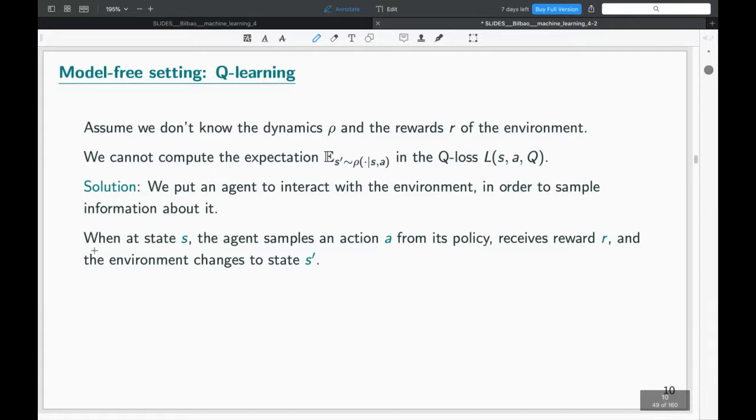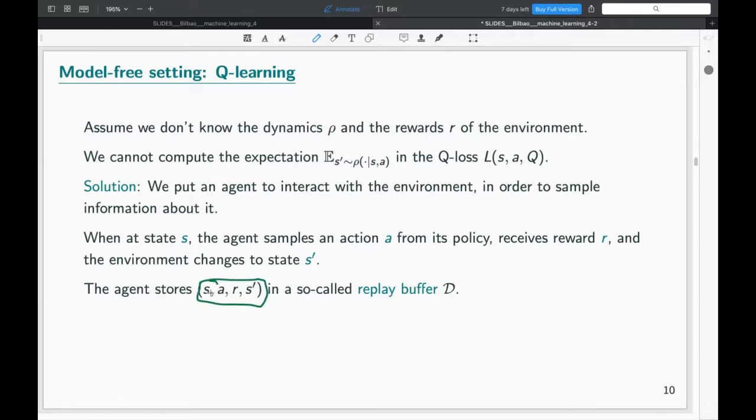Okay, so the idea is that when at state S, the agent samples an action A from some policy it's following. It receives a reward R, and then the environment changes to state S prime according to rho. The agent stores this tuple in a so-called replay buffer D. So the replay buffer is just a data set where you store these tuples: the state you were in, the action you took, the reward you get, the new state you move to.